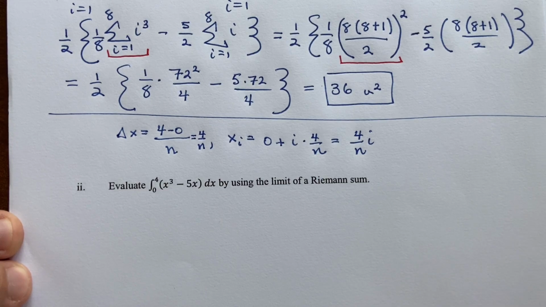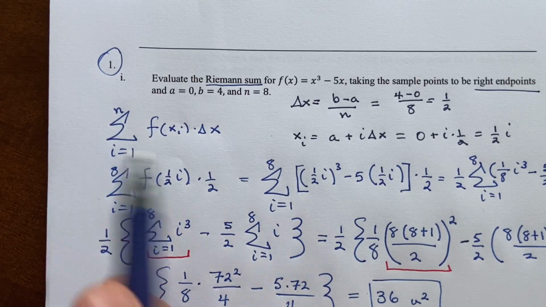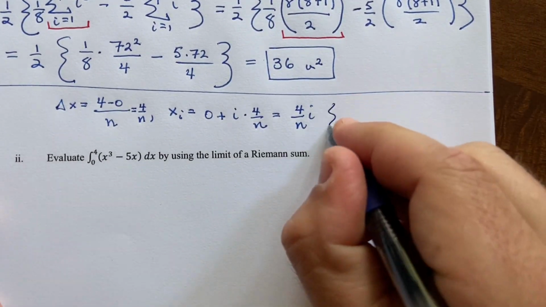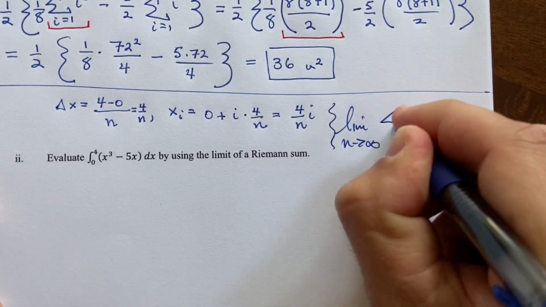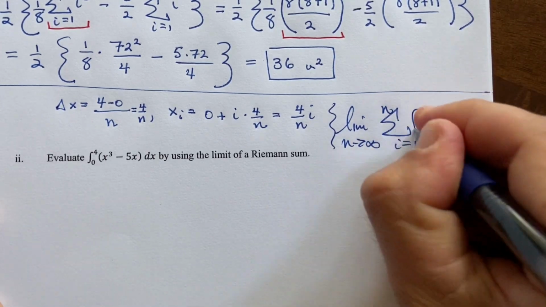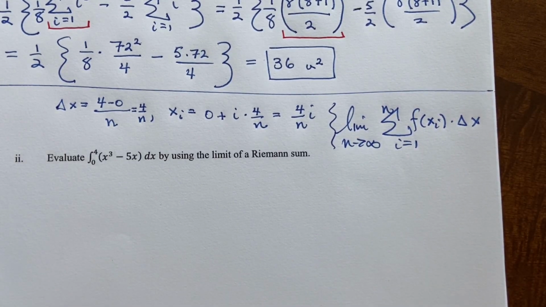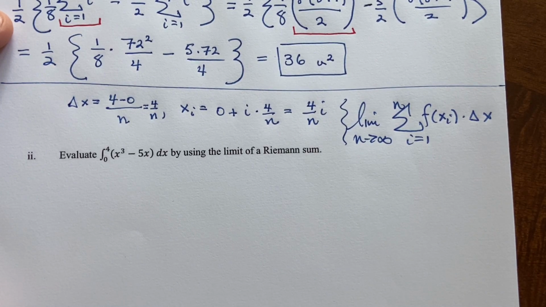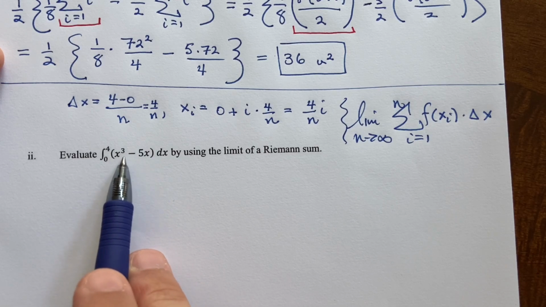All right, and what we're going to do here, instead of just doing the sum, now we're going to tack a limit out front, as n goes to infinity. So we need to evaluate the limit as n goes to infinity of the sum i goes from 1 to n of f of x sub i times delta x. So I'll go ahead and start writing that, and this is our particular function still here.